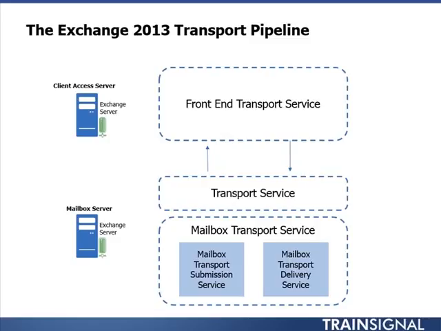By the same token, when end users send emails out, imagine that mail using RPC to go through the mailbox transport submission service and then to be sent out from there either to the transport service on other mailbox servers, so it can actually go directly from the mailbox transport service right out to transport services of other mailbox servers, or it could be sent up to the transport service, and then from there it could be sent in other directions, whether it's going to other mailbox servers, or going out to an external SMTP, to other servers in that sense. So this, in effect, is the new transport pipeline for Exchange.